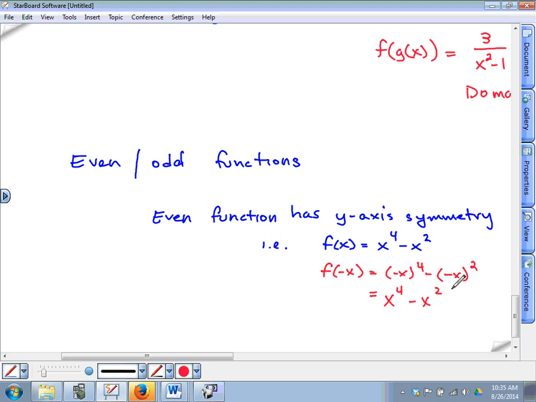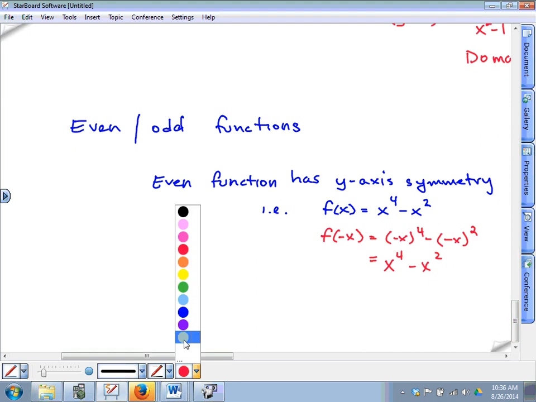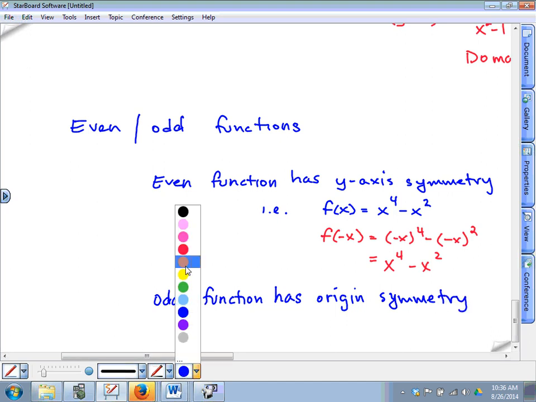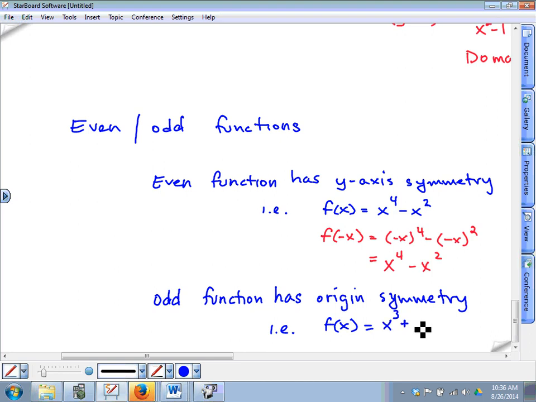Clear on that? Okay. Odd functions have origin symmetry. So, for example, I don't know, f of x equals x to the 3rd plus x.